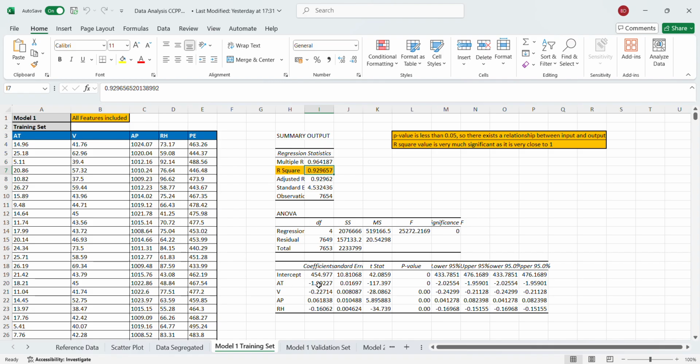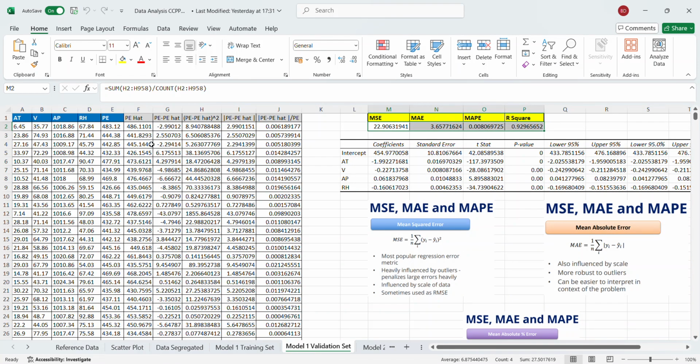Now taking these coefficients and intercept, we will calculate the predicted energy output. We just put the formula as temperature into its coefficient, then vacuum into its coefficient, similarly for the other two features, and along with it we added the intercept.